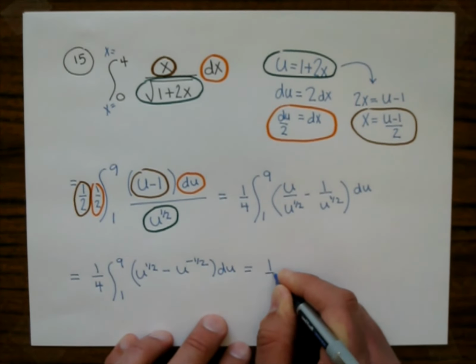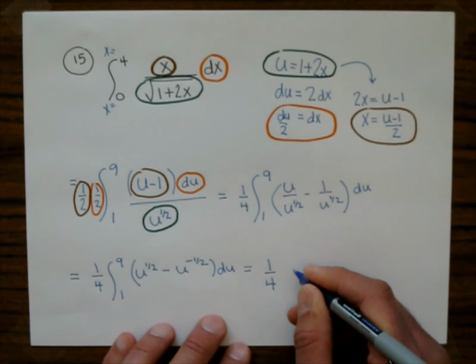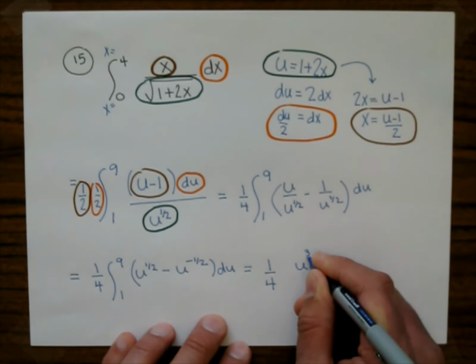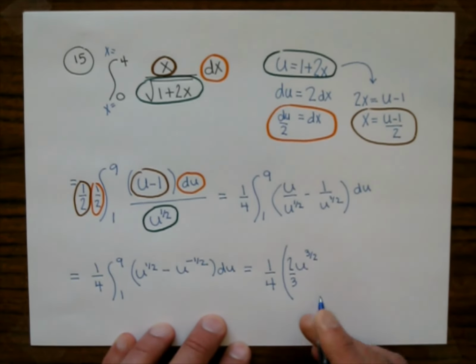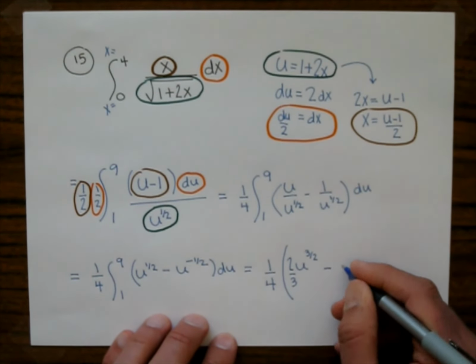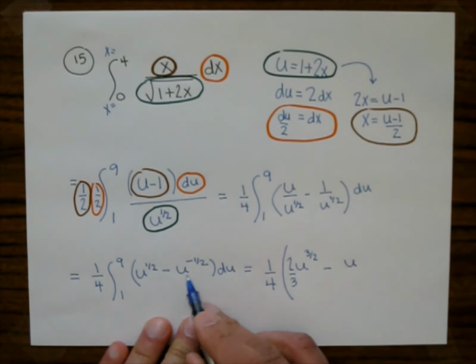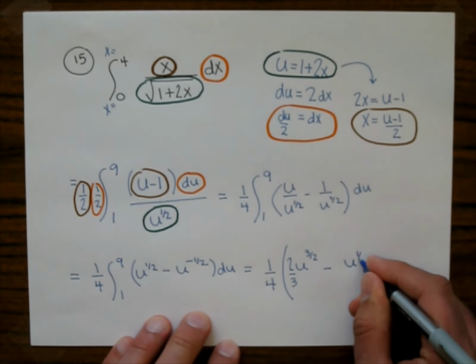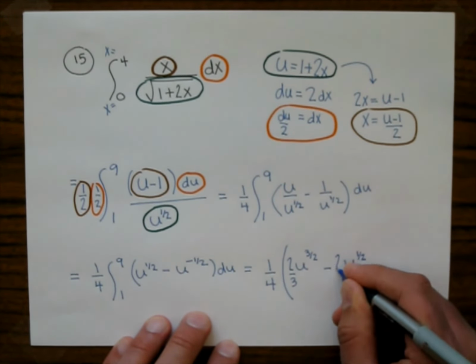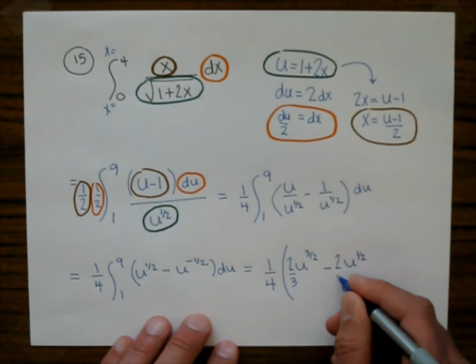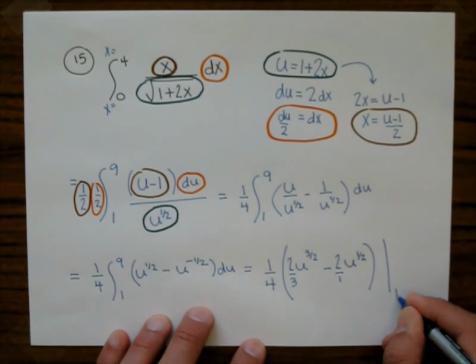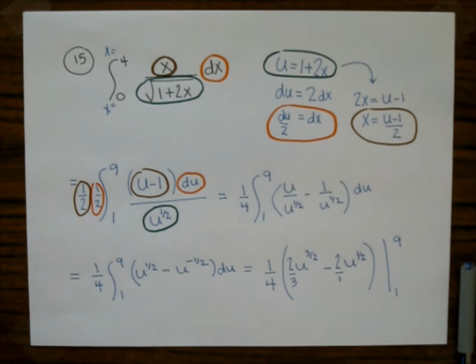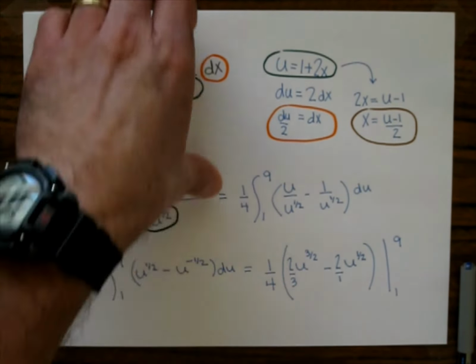Okay, so I have 1/4. I'm going to integrate u to the 3/2 over 3/2. And then the next one's going to be minus u to the, I'm adding 1 to those exponents, 1/2, and then this is going to be 2, I guess, over 1. And then this gets evaluated from 1 to 9. Another piece of paper.